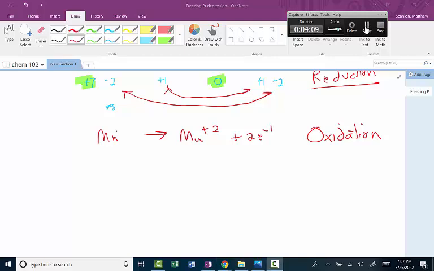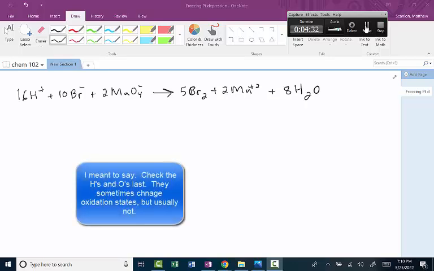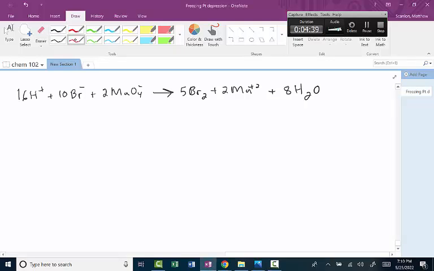reducing agent. So let's determine in this reaction which are reduced and which are oxidized. This is going to be a little more difficult. One trick is ignore the hydrogens and oxygens. Check them last. The second trick is, for us, we're only going to find one element reduced and one element oxidized. So I'll check the bromine. The oxidation state of bromine here is -1.